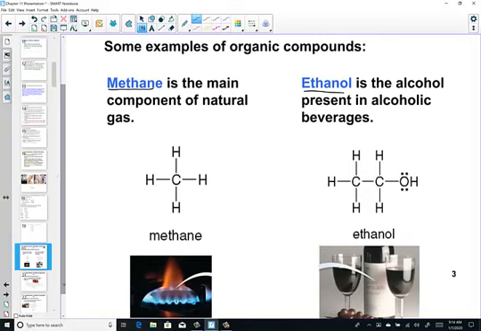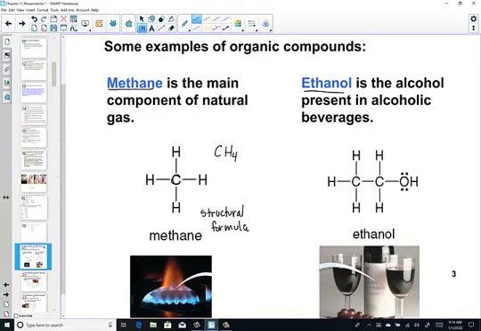Notice that methane has a central carbon and 4 single covalent bonds leading out to each hydrogen. It has a molecular formula of CH4, and we can see its structural formula, where we can see the bond connectivity between the atoms.